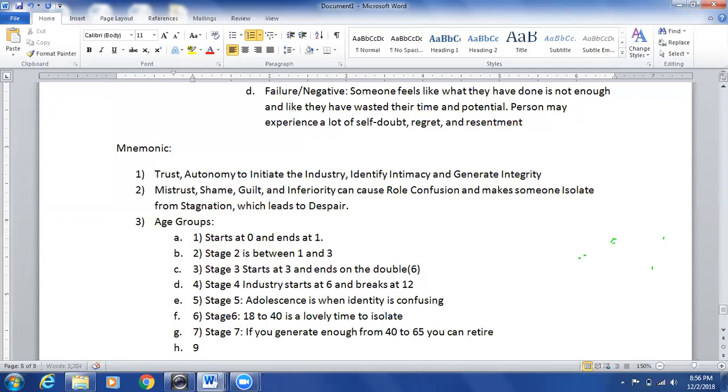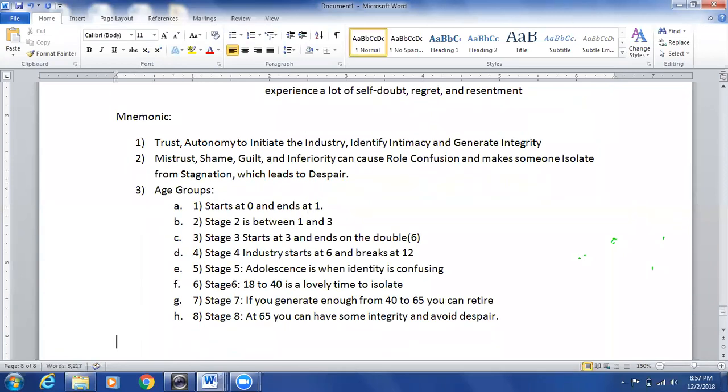And then the 8th stage, at 65, you can have some integrity and avoid despair. So those are the mnemonics to remember those.